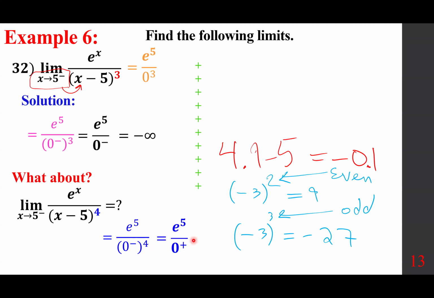And therefore, positive over positive is positive infinity. So that's why I want you to look at both questions side by side and see how we justify the answer. Okay? Infinity or negative infinity.